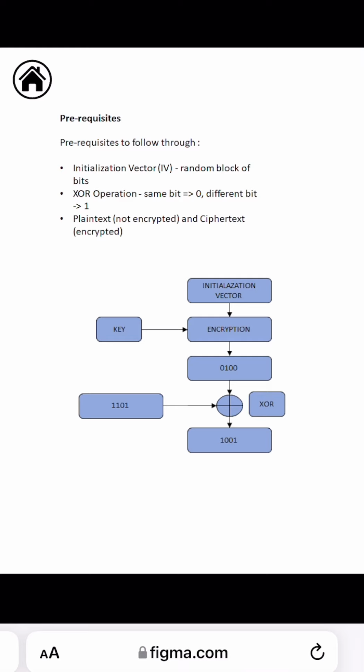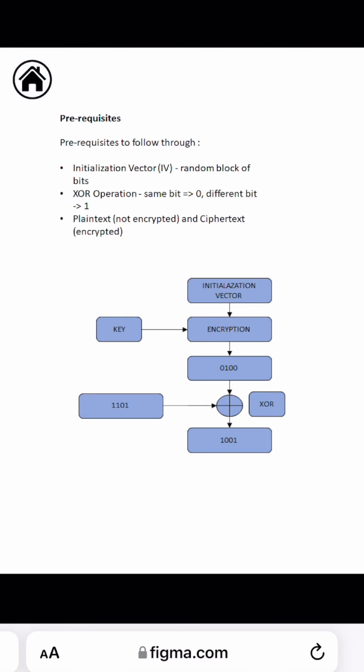To visualize the operation, look at the example above. 0 1 0 0 and 1 1 0 1 give the output of 1 0 0 1. The plain text here means the message that is not encrypted, whereas the ciphertext here means the encrypted message.